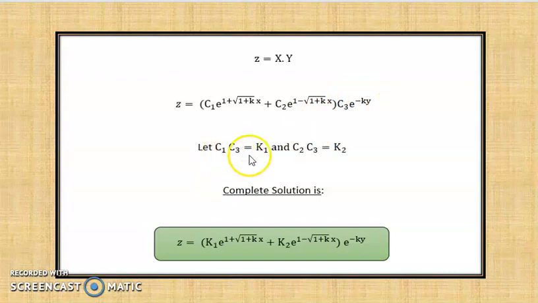Then we denote c1 c3 equal to some k1, c1 c3 equal to k1 and c2 c3 equal to k2. Therefore, we have the complete solution is z equal to k1 e raised to (1 plus root of (1 plus k)) x plus k2 e raised to (1 minus root of (1 plus k)) x into e raised to minus ky is the required complete solution.